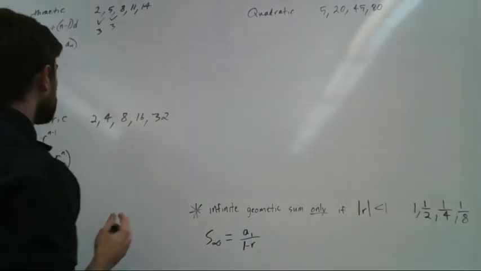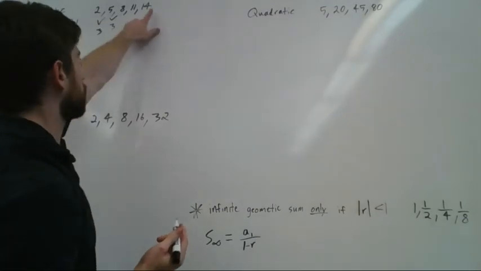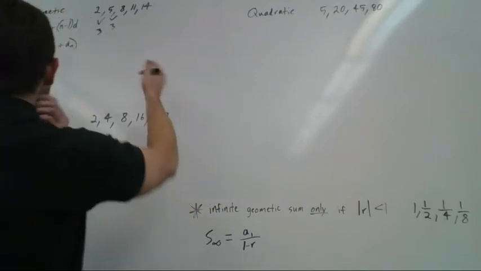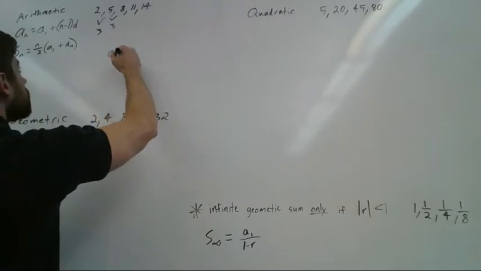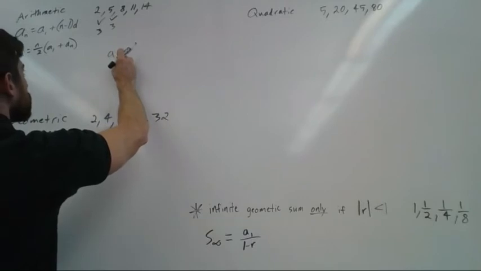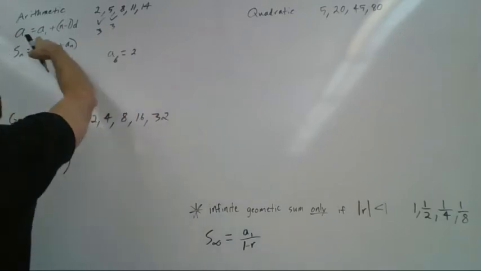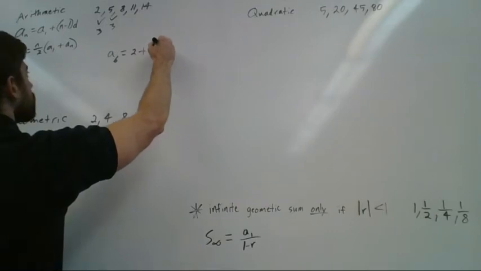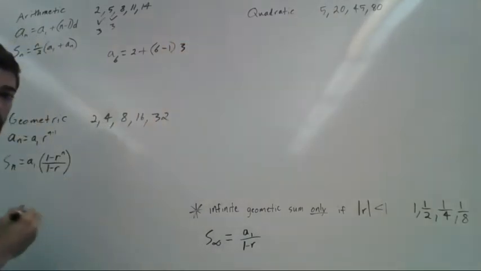If we wanted to find the sixth term, and yes, of course, we could just add 3 to that 14 and find it by brute force. But let's see what we get if we actually plug it into our formula. So a_6, the sixth term in this sequence, is equal to the first value, a_1, plus n minus 1 times the common difference of 3.